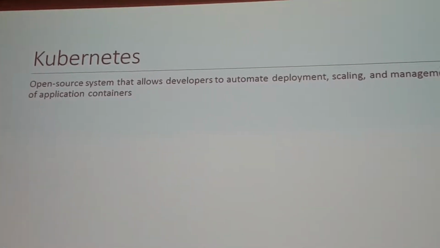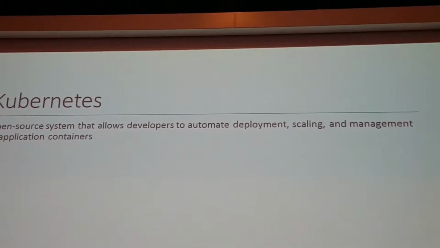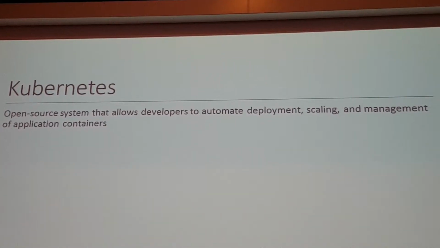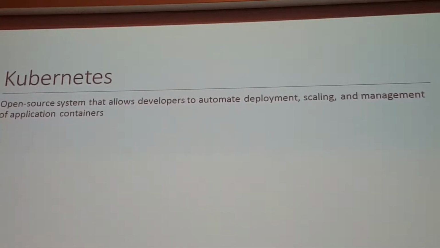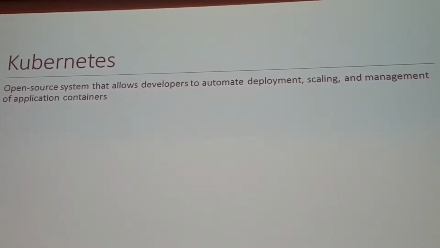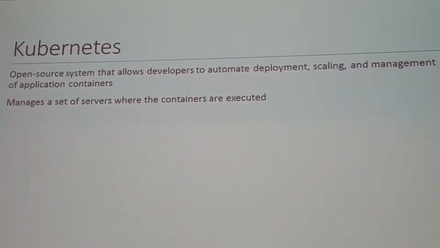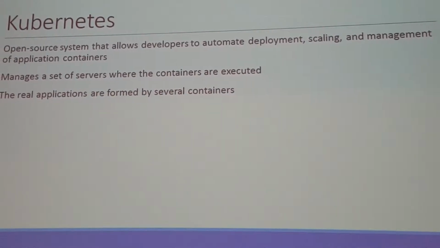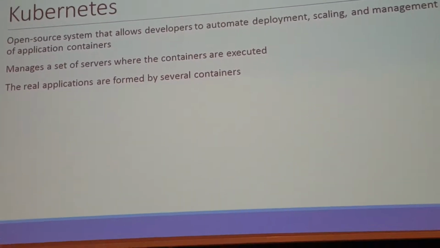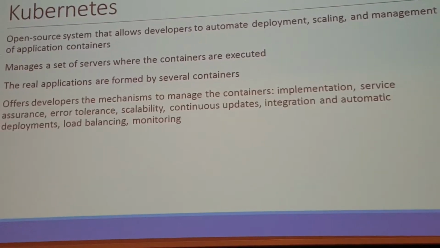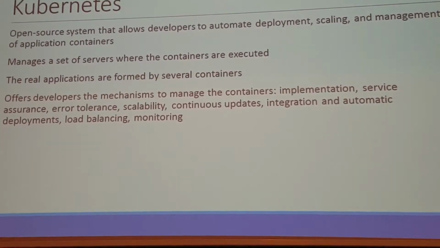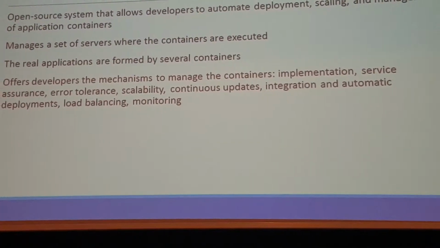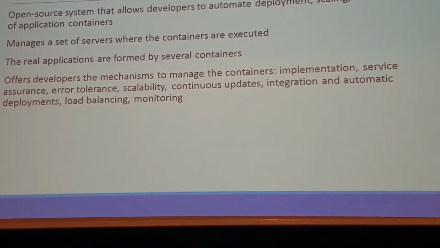Kubernetes, instead of creating and running applications, focuses more on the deployment, scaling, and management of applications. But Kubernetes also uses containers. The idea is that there is a set of servers where the containers are executed, and the real applications are formed by several containers. Now that we have an application with all these containers, we can use Kubernetes to deploy, and it also helps automatically with scaling.